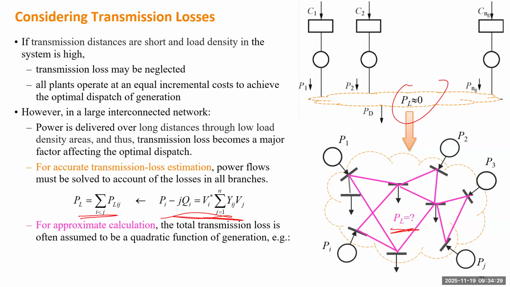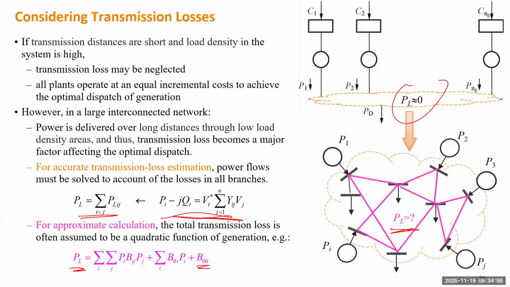The total transmission loss can be assumed as a function of all the generator outputs. It can be a linear function or a quadratic function, or you can even add higher order terms, but usually a quadratic function is good enough. For instance, we can assume the transmission loss to be a function of the summation of many items. B0 just models some constant transmission loss.